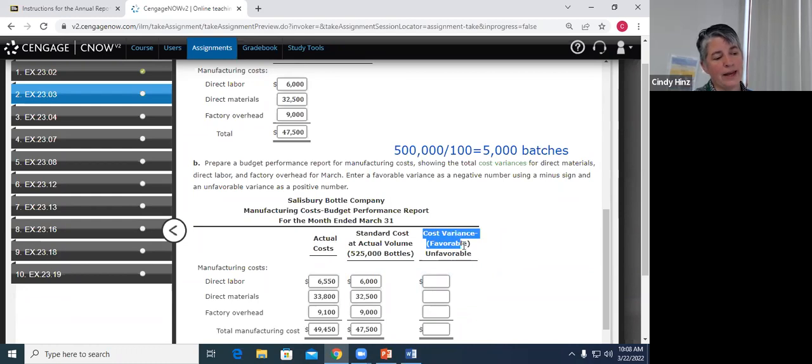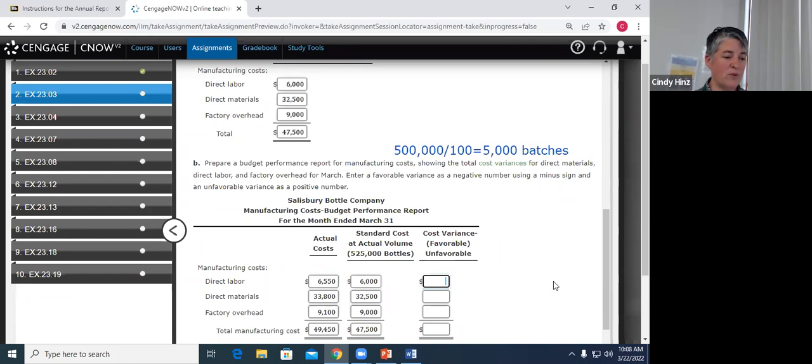You'll notice the heading on this last column says cost variance, and it shows favorable in parentheses. You've probably seen this in an earlier chapter, but just a reminder, if a number's in parentheses like that, it means it's a negative number. In accounting terms, parentheses around a number, or if the number's in red, indicates that it's a negative number.